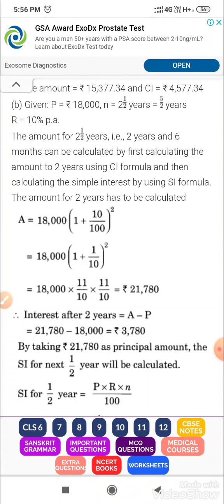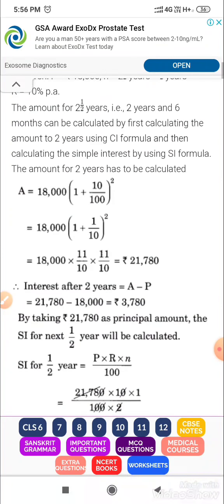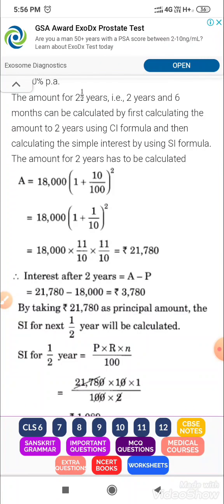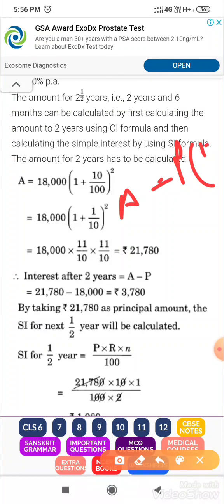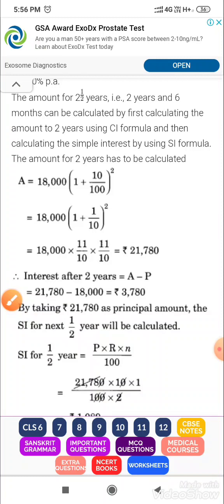So first we are going to use the CI formula, and this formula is amount is equal to principal times 1 plus rate upon 100, whole power time. Then we put in all the values from the given question.